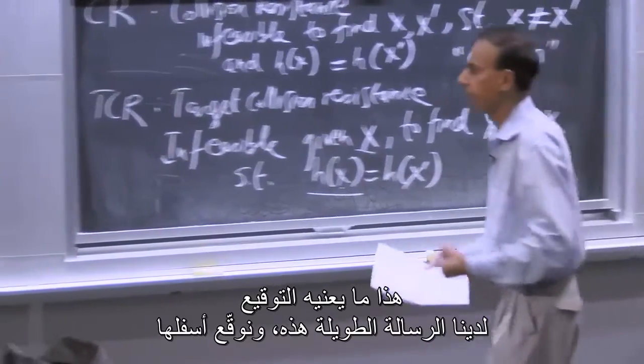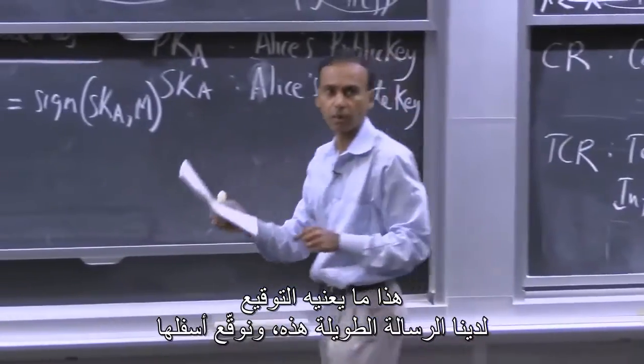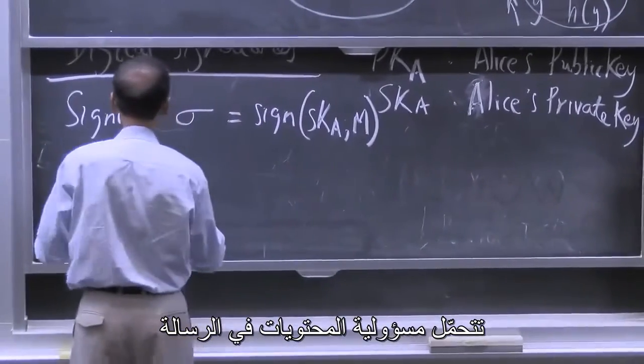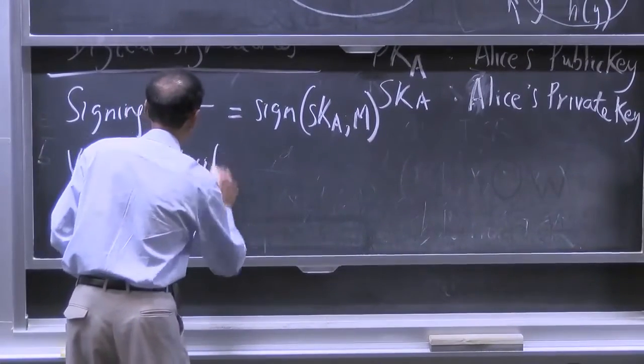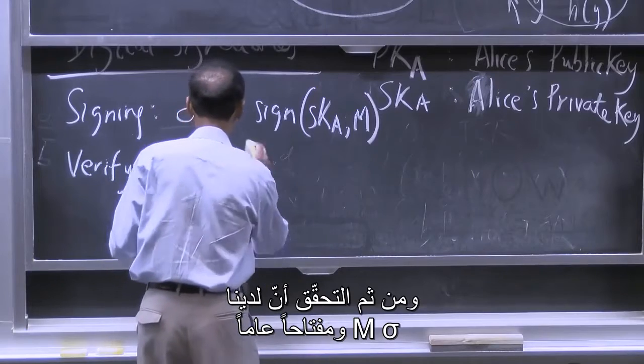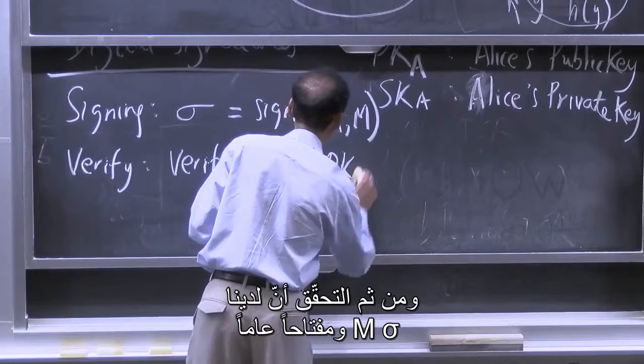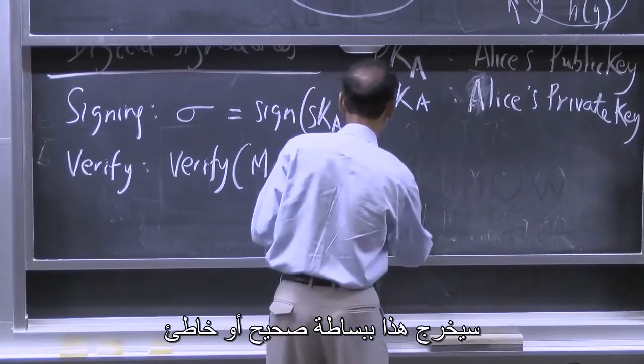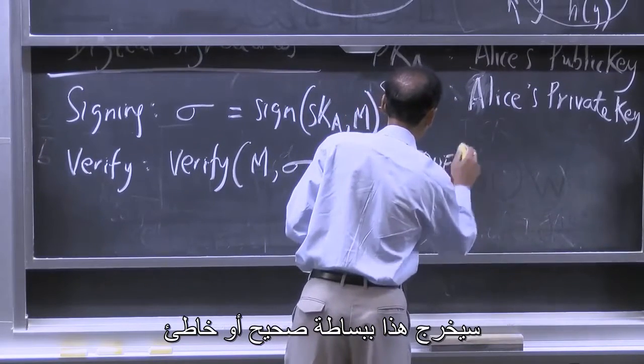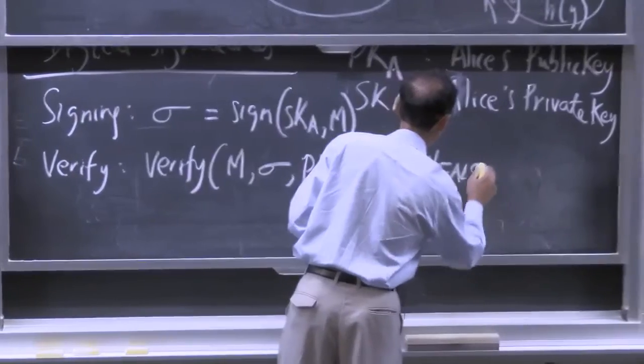That's what signing means. You have this long message and you sign it at the bottom. You're taking responsibility for the contents of that message. And then verification is you have M, sigma, and a public key, and this is simply going to output true or false. Right?